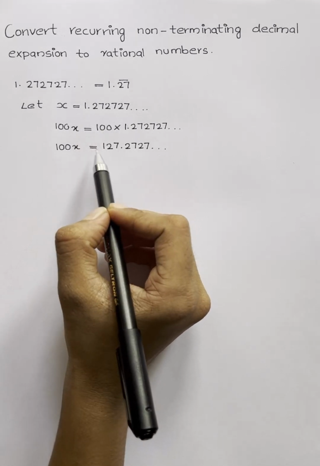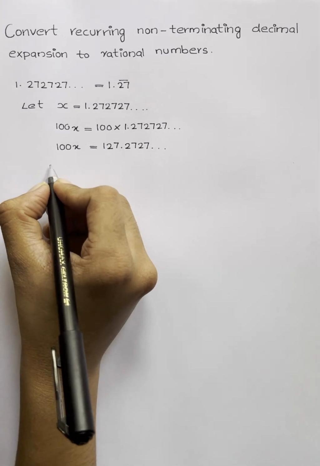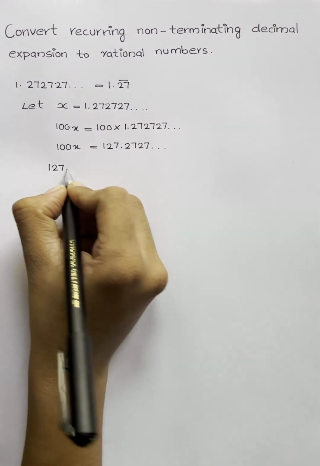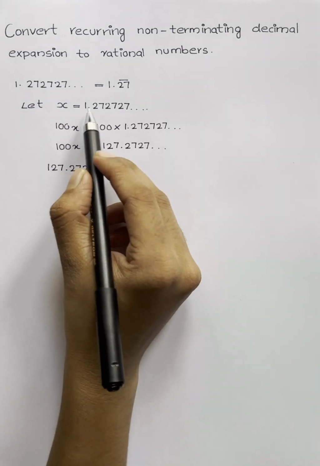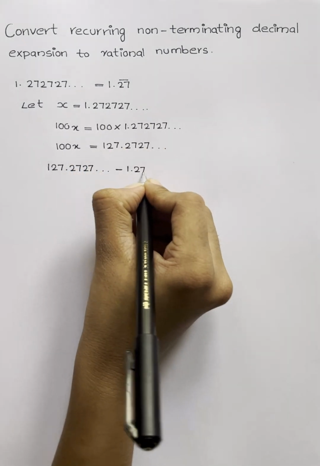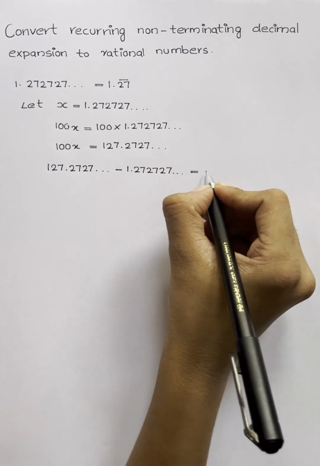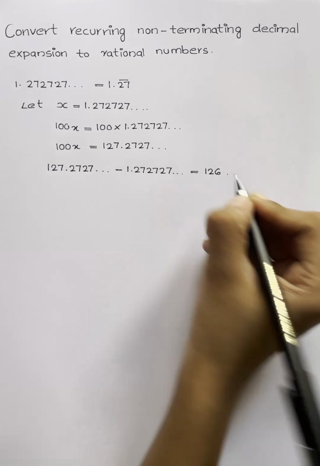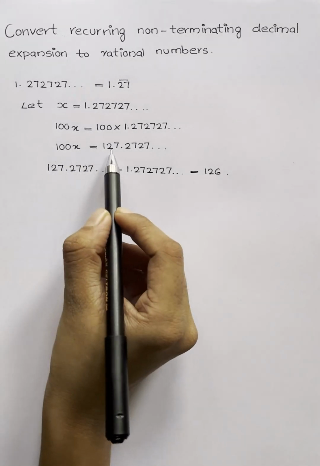Now we have to subtract 1.272727 from 127.272727. That is 127.2727, etc. minus 1.272727, etc. equals 126. Here 127.2727, etc. is 100x.